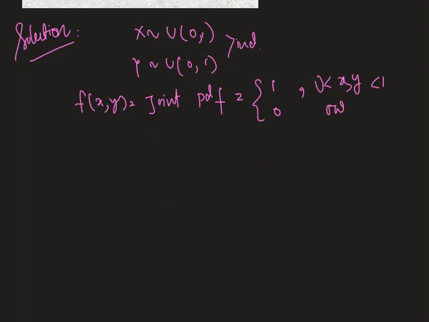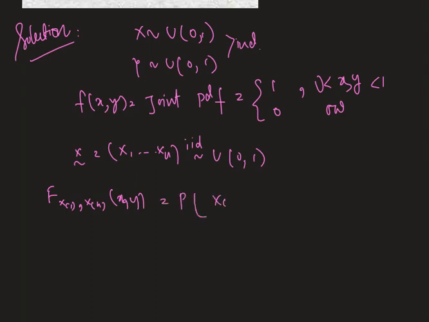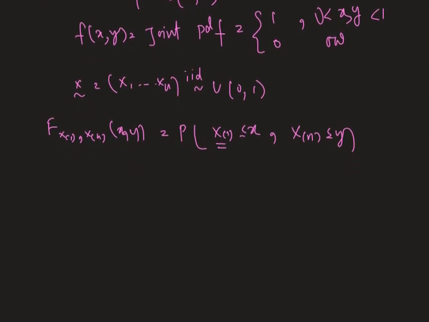Now, as we know, if we have X1, X2, ..., Xn following uniform 0, 1 and they are IID random variables, then the joint CDF of maximum and minimum of Xi is nothing but the probability of X order 1 is less than or equal to small x and X order n is less than or equal to small y, where X order 1 is the order statistic denoting the minimum of Xi's and X order n is the order statistic denoting the maximum of Xi's.